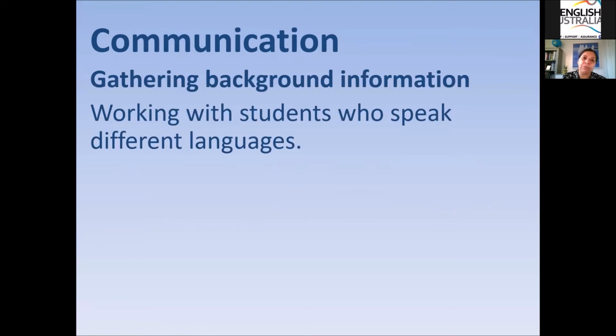And here it would be gathering a lot of background information about the learner first. Working with students who speak different languages and understanding a little bit more about them, especially with adult learners, finding out about their background, having a meeting with them, talking to them about their learning experiences before they started learning English, when they were children, what life at school was like for them, what things they found easy, what things they found difficult at school.